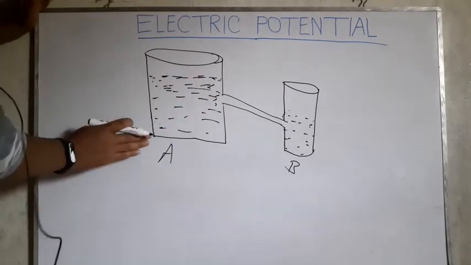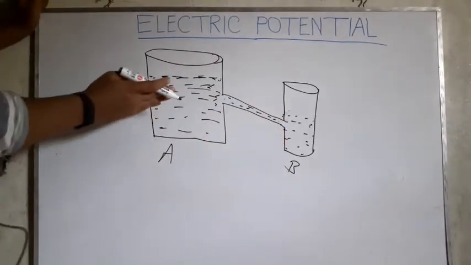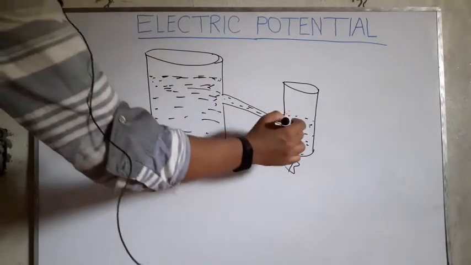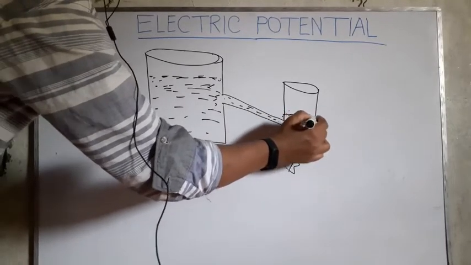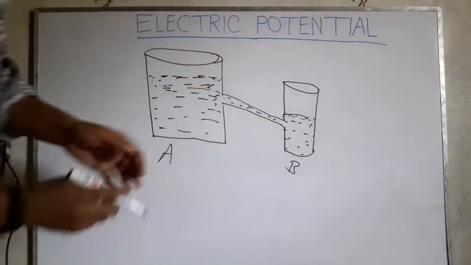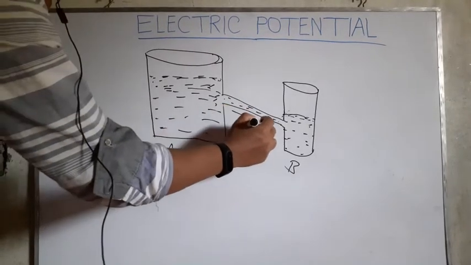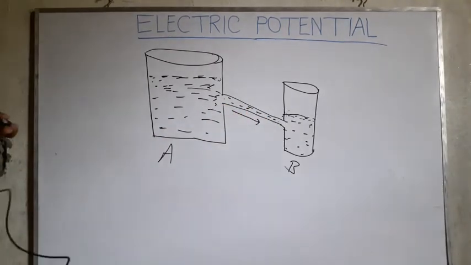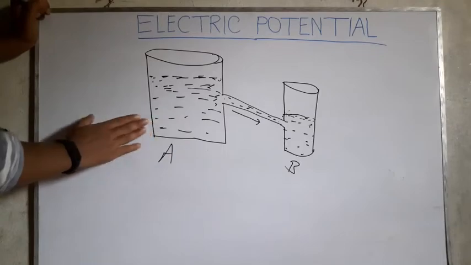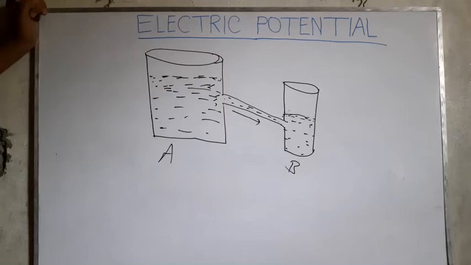Obviously, from container A to container B, as the height of the water in container A is higher than the height of the water in container B. Here higher water level and here lower water level. Therefore, water will flow from container A to container B. Here the amount of water in container A is more than the amount of water in container B.